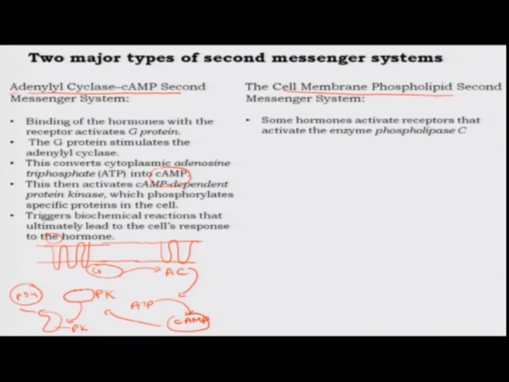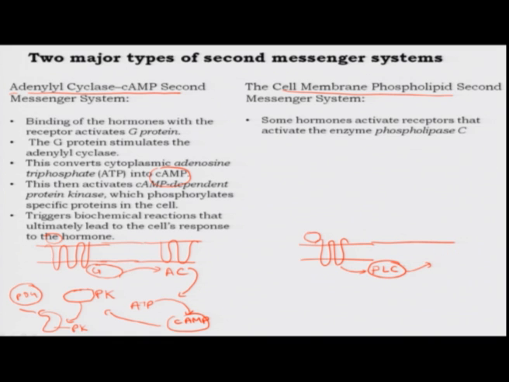The other second messenger system involves the phospholipids which are present in the membrane. Some hormones activate receptors such that binding of the hormone leads to activation of an enzyme called phospholipase C. This phospholipase C enzyme will act on the phospholipid that is present in the membrane itself.